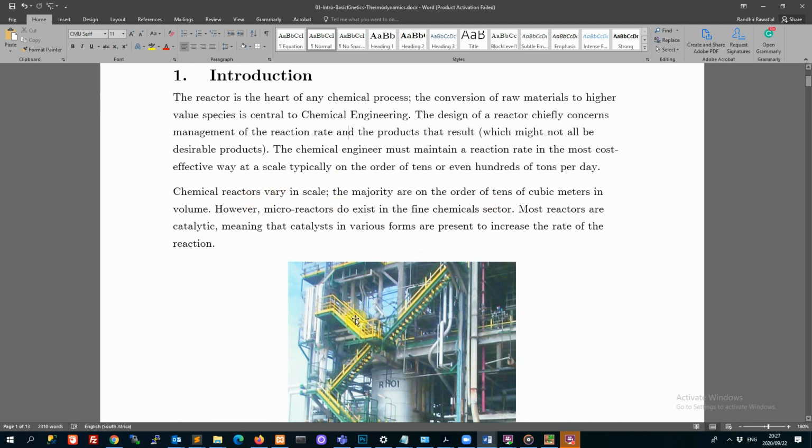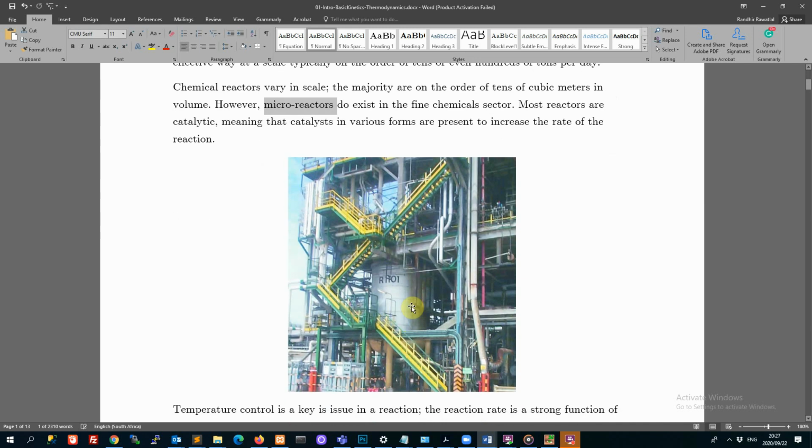So I've mentioned a bit about the scale here, so tens of cubic meters or hundreds of cubic meters in volume. We should say that there does exist this field of micro reaction engineering. So for the fine chemical sector, you do have very small reactors as well. But in the typical commodities chemicals industry, it's on the order of hundreds of cubic meters.